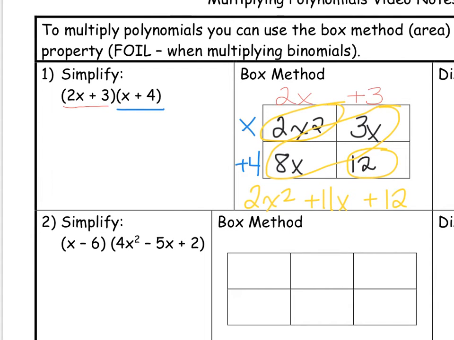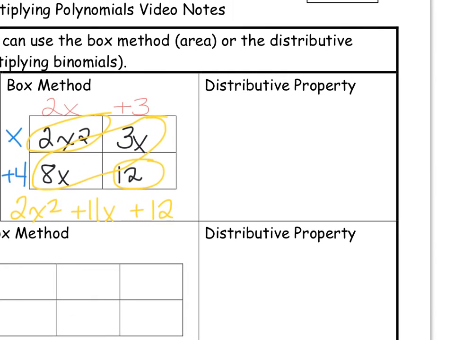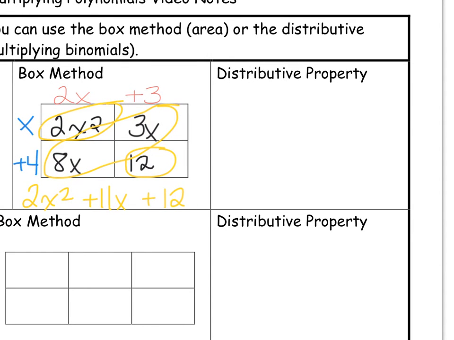The second method that I would like to take a look at is called the distributive property method. I've just taken the expression that we did with the box method and rewrote it right here. The distributive property method just means that I take this 2x and I multiply it times everything in this set of parentheses, so 2x times x plus 4.